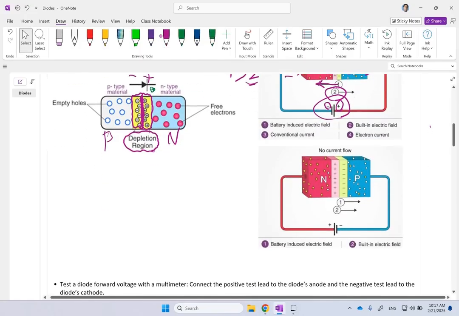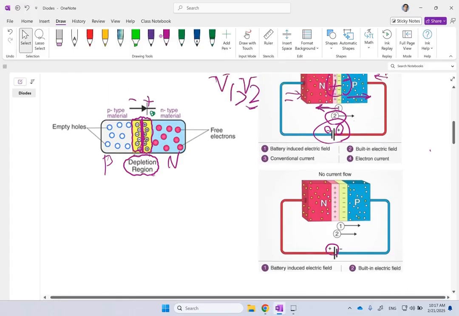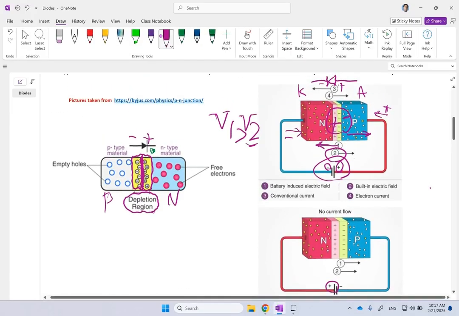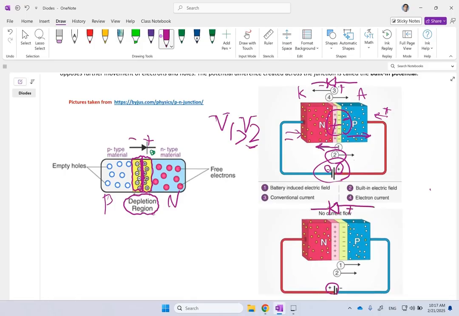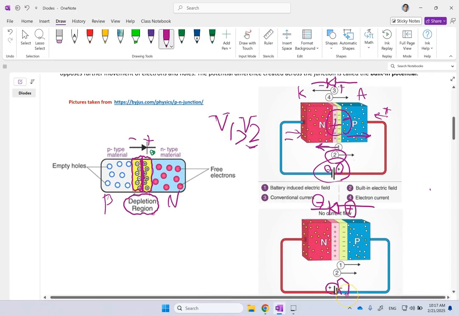Now, on the reverse bias, that's where you connect the positive of the battery to the N. Again, your diode is the same as last time. You have this diode, and this is the positive, this is the negative. You see the negative of the diode connects to the positive of the battery, and the positive of the diode connects to the negative of the battery.